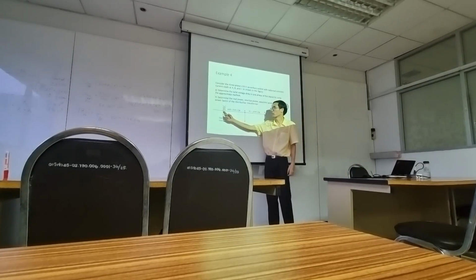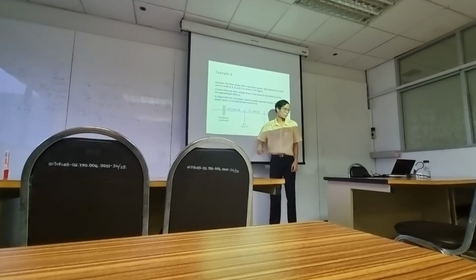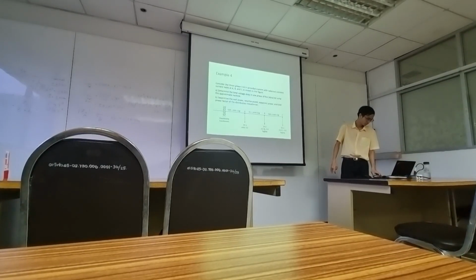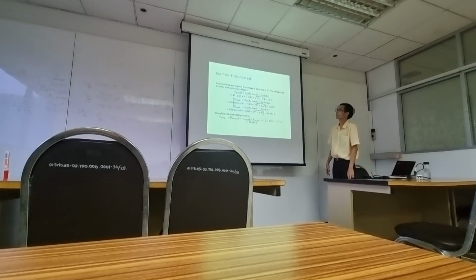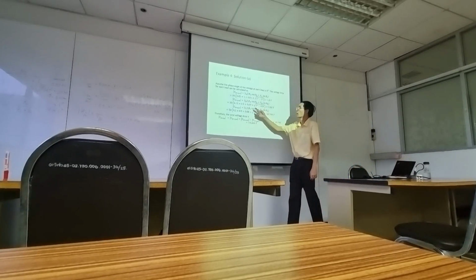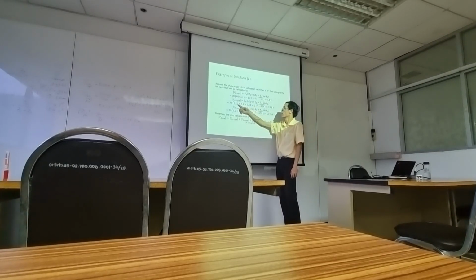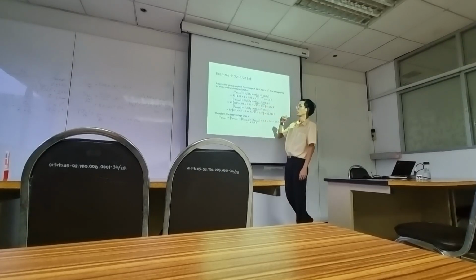R and X is just the impedance from here to here. Then for load B, this is current IB, RB cos theta B, plus XB sine theta B.